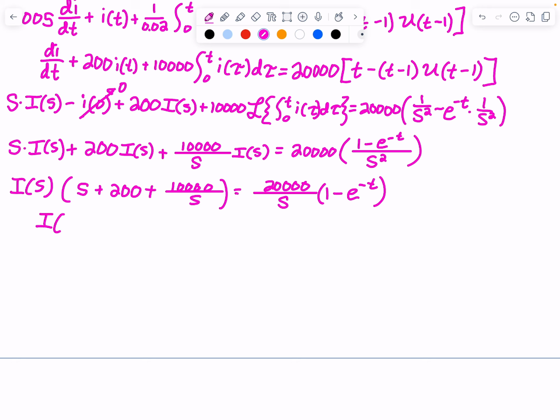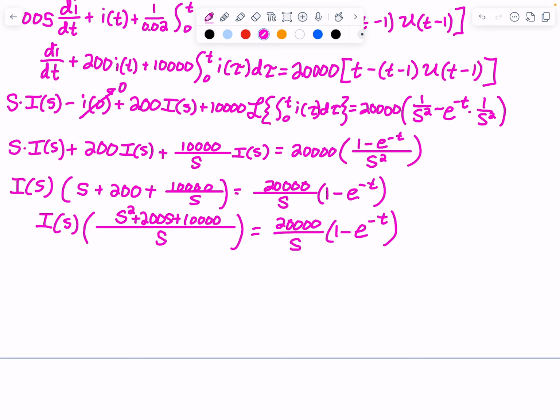So the common denominator here is just an s. So I'm going to multiply everything by s and then put it over s. So I got s squared plus 200s and then plus 10,000, because we had to multiply everything by s to get that common denominator of s. Right, 20,000 over s squared times 1 minus e to the negative s.